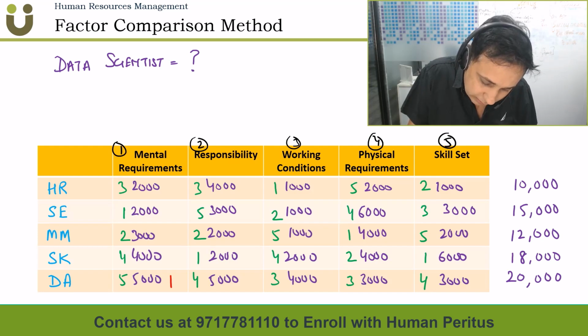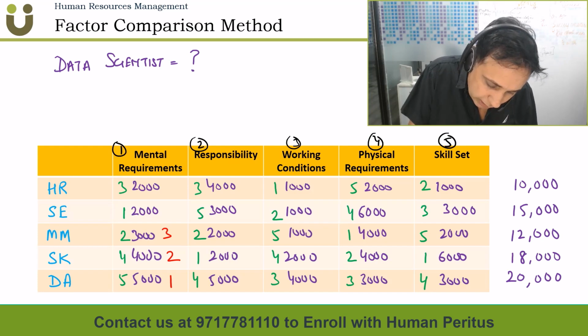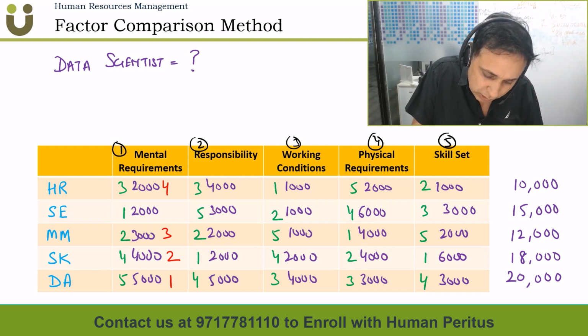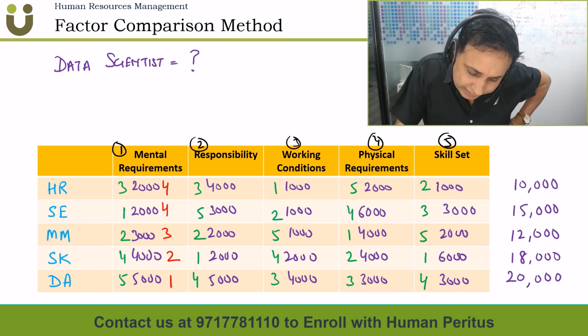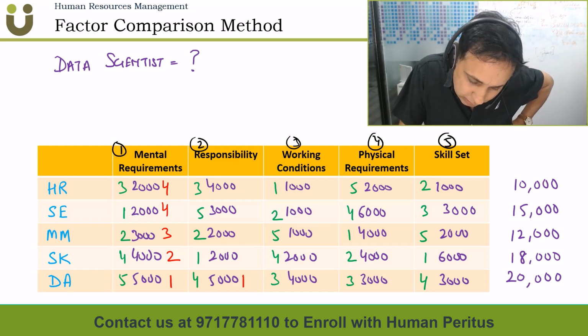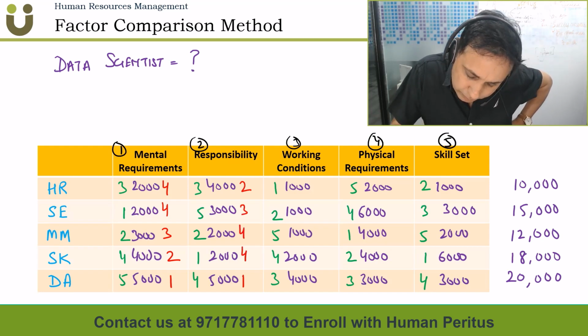Then 1, 2, 3. So I give it 4, and because I got 4 and 4, I can tie. I can either give 4.5 to each, or maybe I'll give 4 and 4 to each. So yes, 4 and 4 to each. Similarly, I rank the remaining ones 1, 2, 3, 4, and 4.